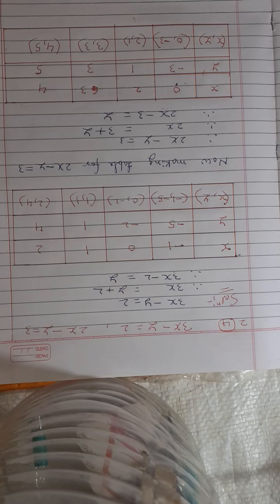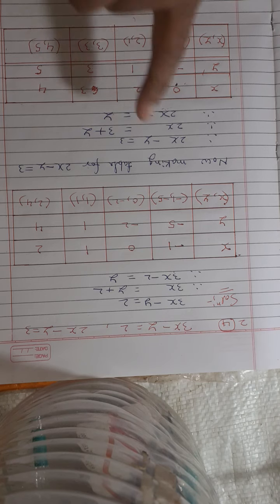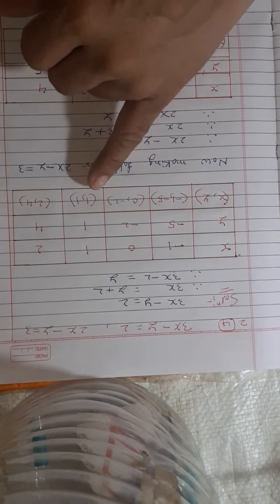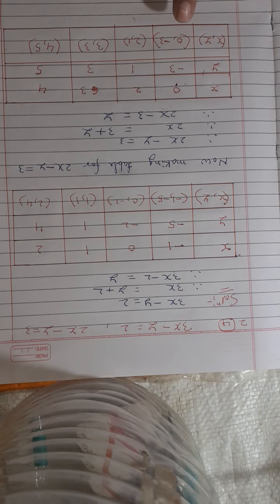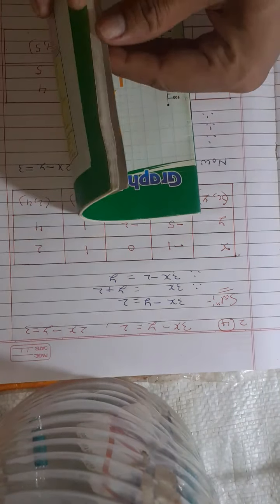Minus 1, minus 5, 0, minus 2, 1, 1 and 2, 4, and here also 0, minus 3, 2, 1, 3, 3 and 4, 5. Okay, so the table is right. Let us draw the graph.